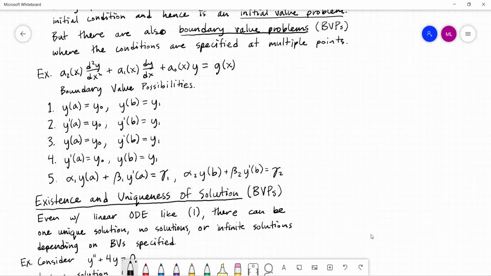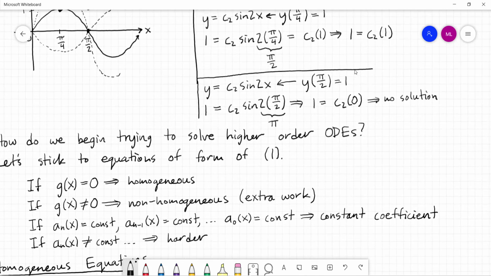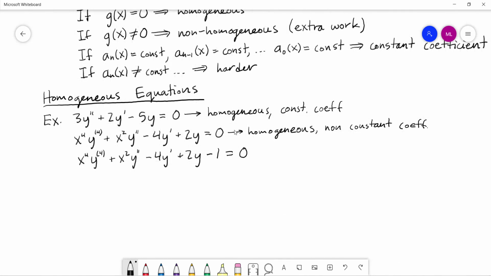I've just written this one down here in such a way that that minus 1 showed up on the left. I could have rewritten this alternatively. So let me cross this out. I could have just rewritten this as equals 1 over here. And that would make it more obvious that this one is neither homogeneous, so it's non-homogeneous.